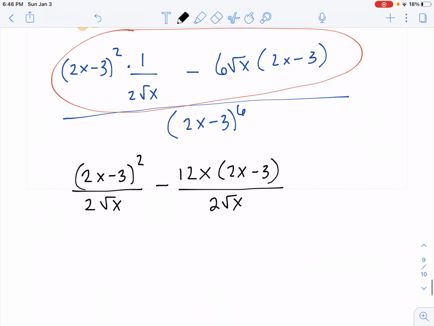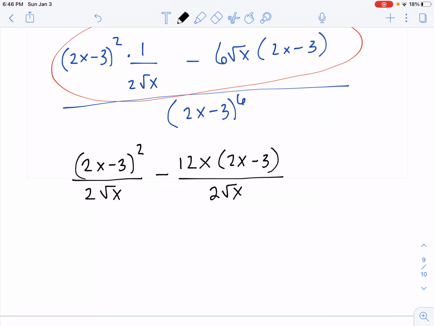And I think I will combine the top because squaring it isn't too crazy. So what I did here was I multiplied the top and bottom by 2 square root of x, and 2 square root x times 6 square root x is 12x. So I'm going to expand the top binomial.